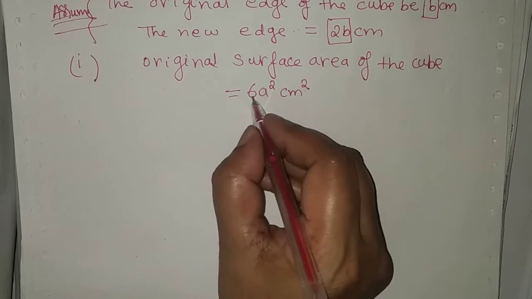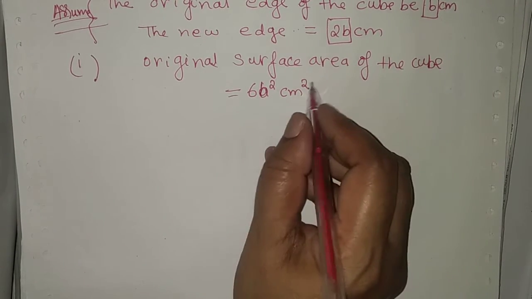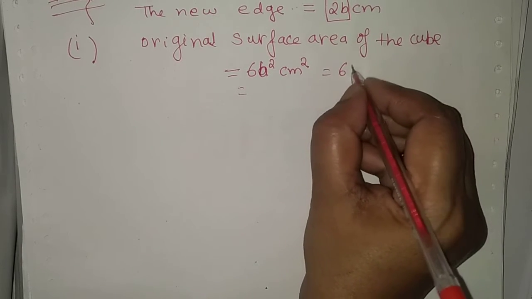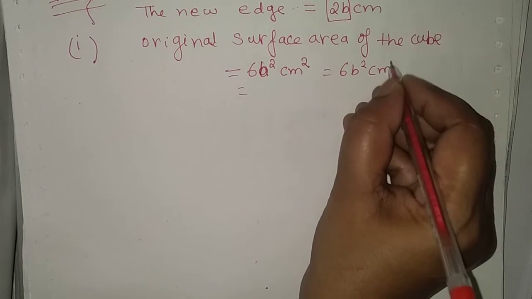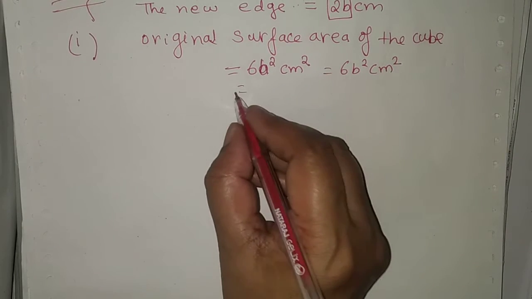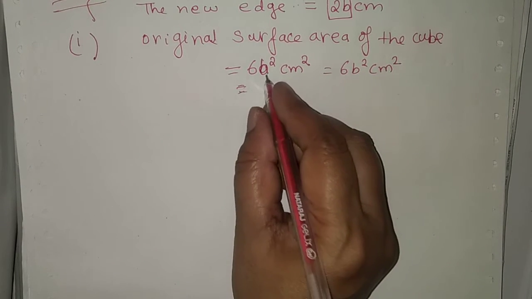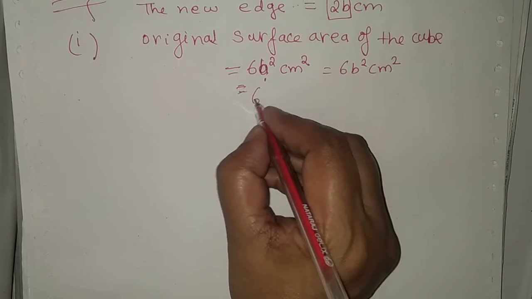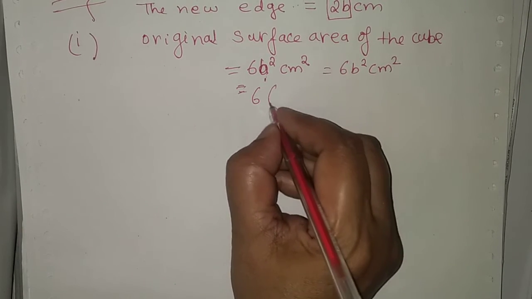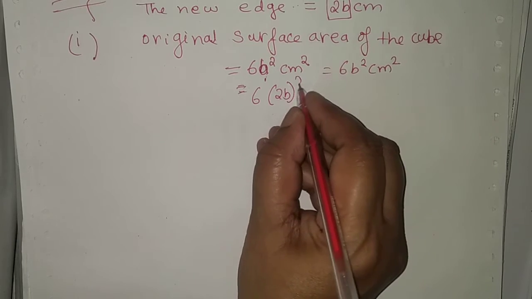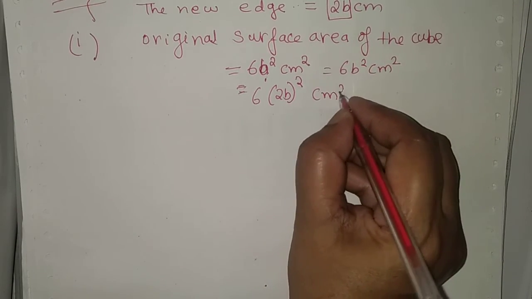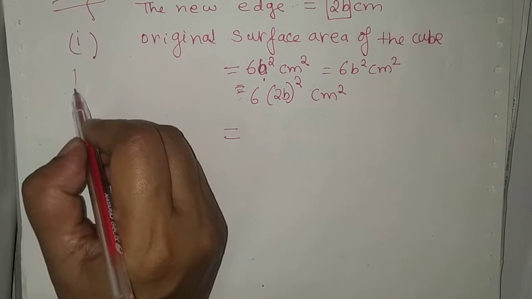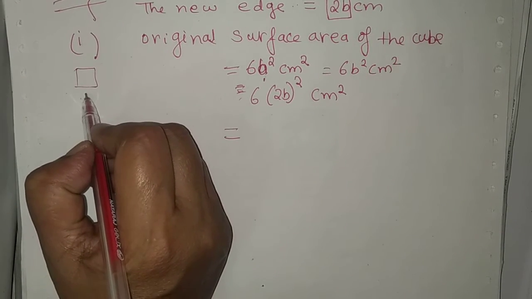Sorry, 6b we have taken, so 6b square centimeter square. Next step is we have to substitute 2b for b here. The whole square of 2b centimeter square is equal to, since this is a cube, just take 2, 2, 2.